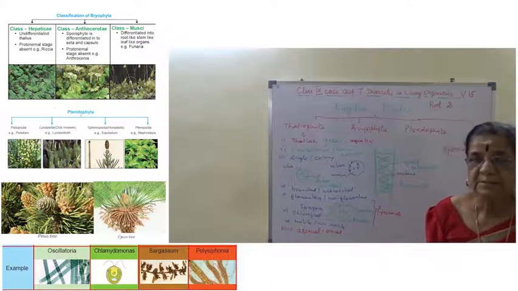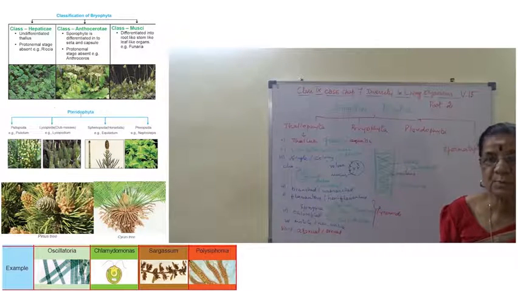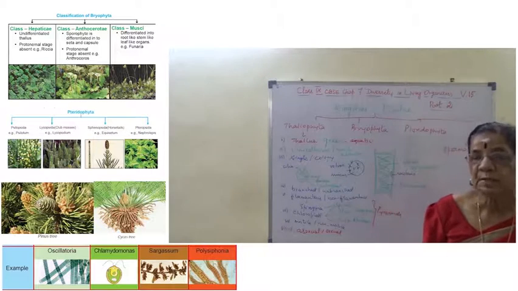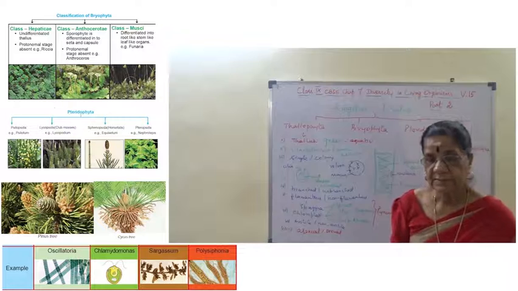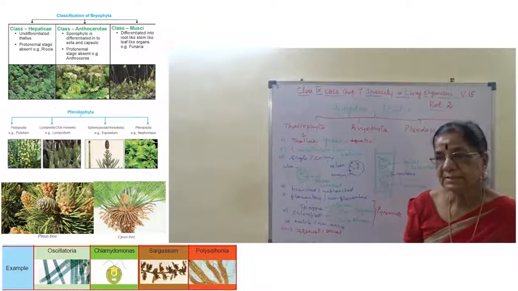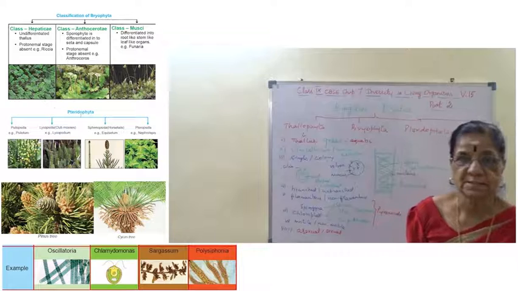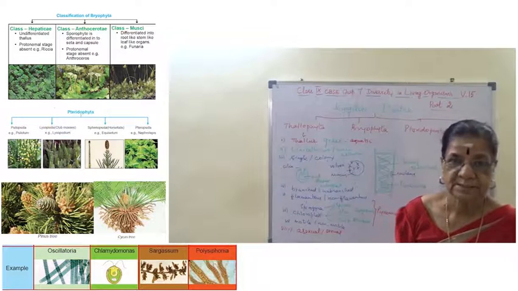Now the plant body in bryophyte exhibits both forms. First one is thallus, another one is plant. The plant has a root-like, stem-like and leaf-like structure. Both the forms are present.